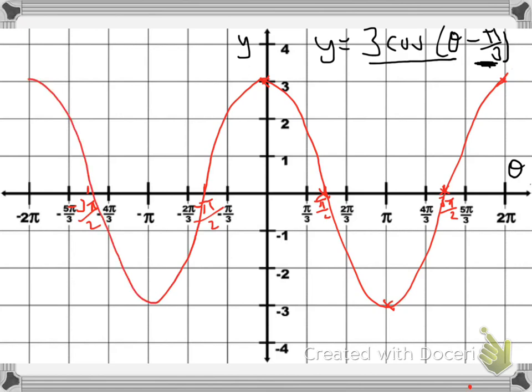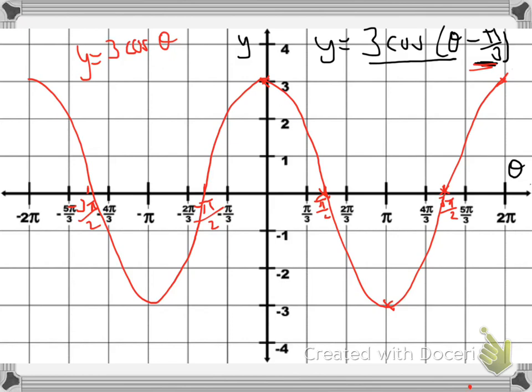So, there's our graph of y equals 3 cos theta. Let's just write that in red over here. Now what we want to do, because of that negative pi on 3 over here, is transfer everything pi on 3 to the right.